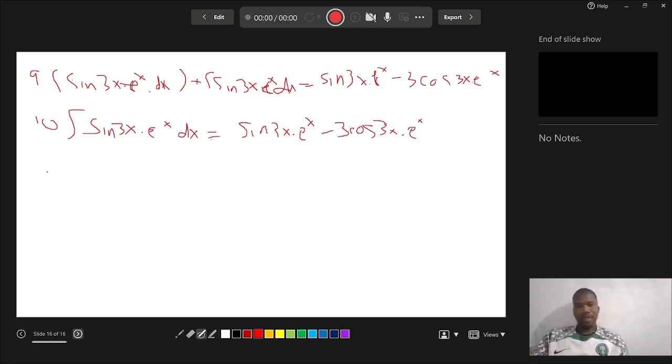So that is our solution. Then we are not done simplifying. Then we divide both sides by 10.